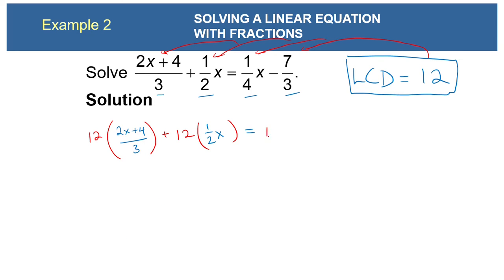We're going to multiply 12 times 1/4 x. And there's a negative here, so we have a couple options. We could put a plus 12 in the front, or we can say we're multiplying by negative 12 instead, which is equivalent. That's what I'm going to do. I'm going to multiply by negative 12 times 7/3.